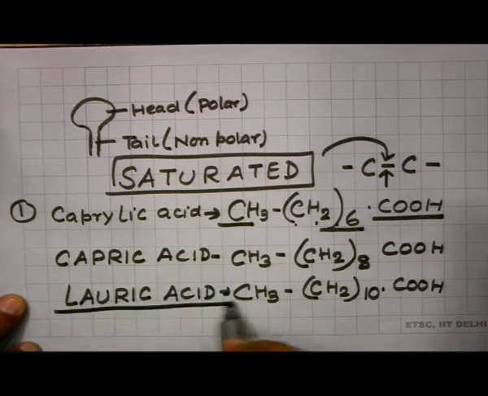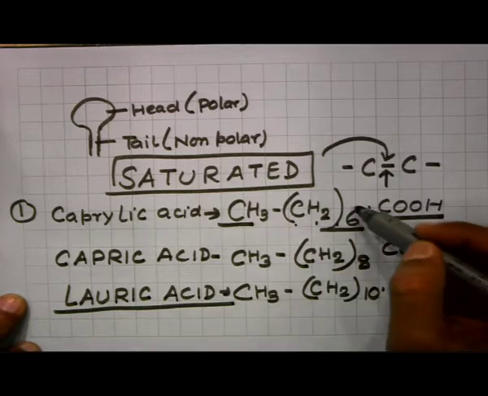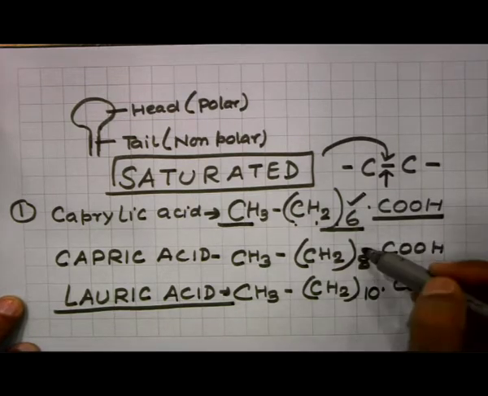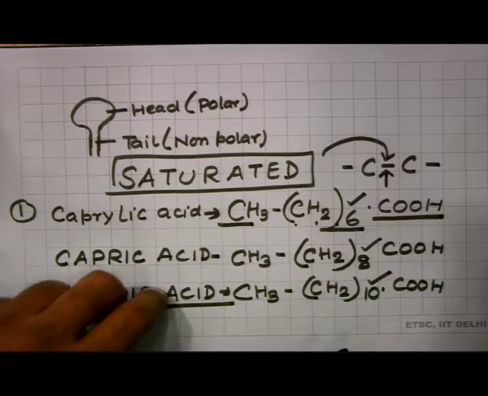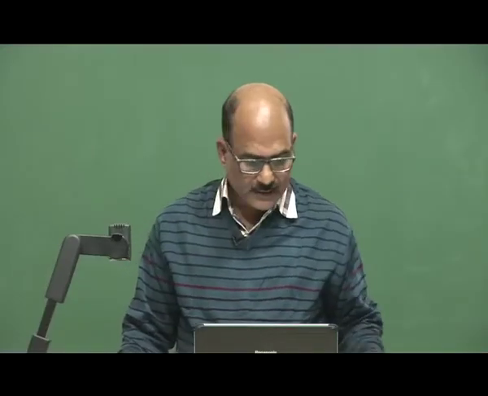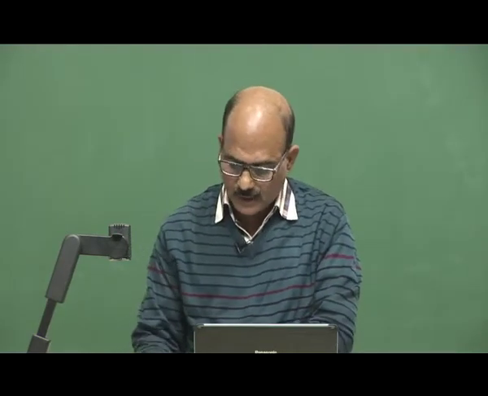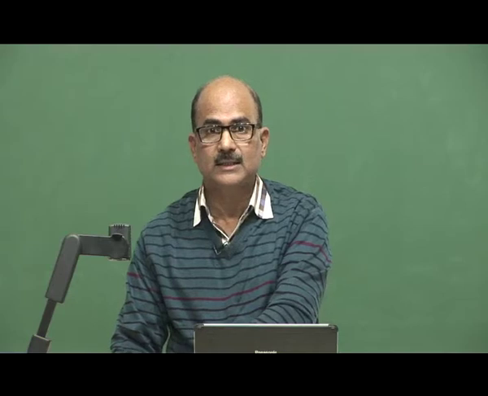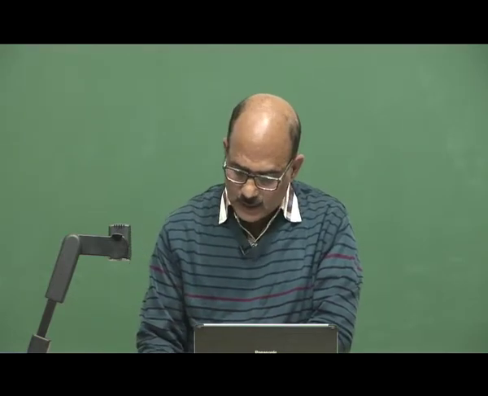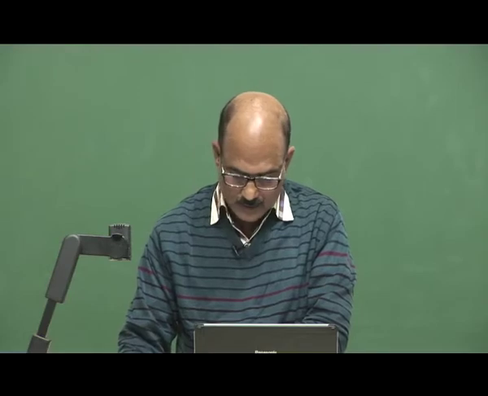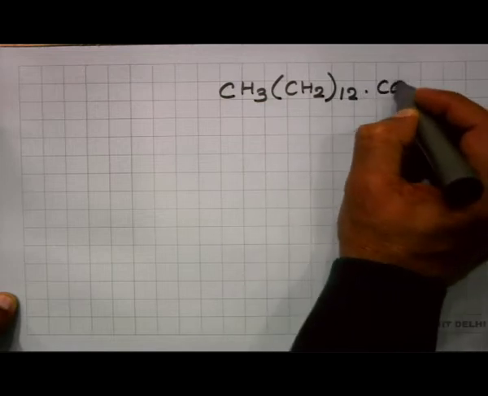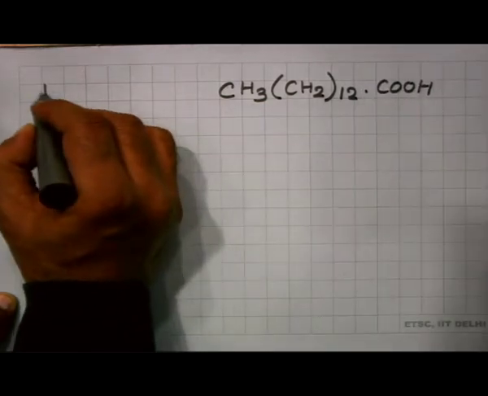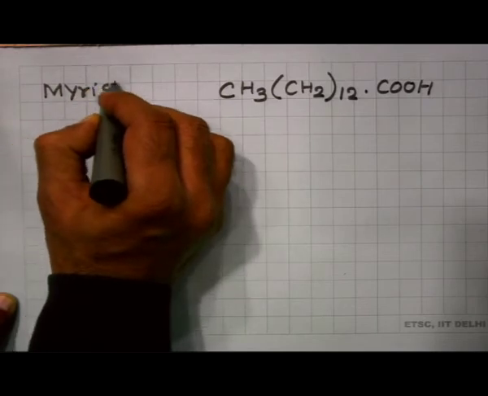So, you see by multiplying the CH2 group 6, 8 and 10, we can easily form the different types of fatty acid that help in the formation of fat with the help of the bond called ester, which I discussed in my last session. The next one is CH3, CH2 multiplied by 12, that is called myristic acid.